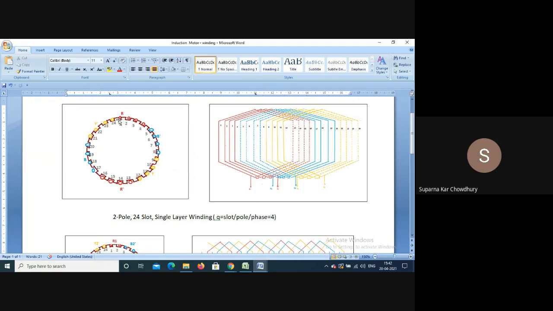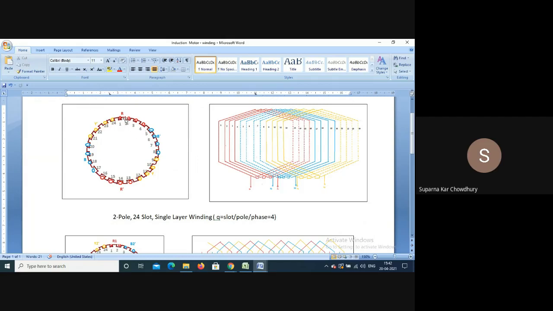So for this two-pole structure, this 4 will be R phase, then B, Y, again R, B, Y. And if you remember the connections, if this is the direction of the field for R phase, then for B and Y phase the resultant field is in this direction.